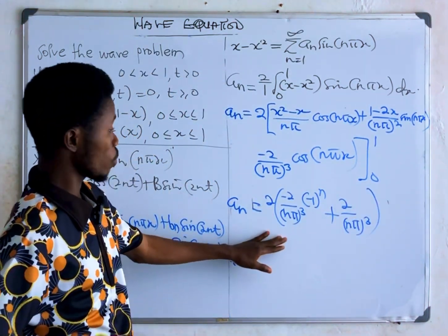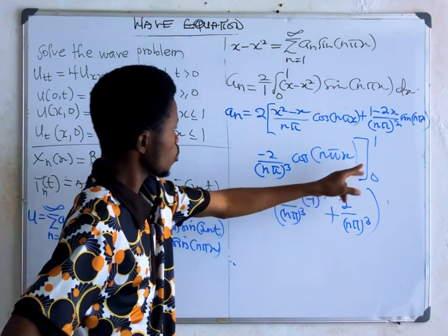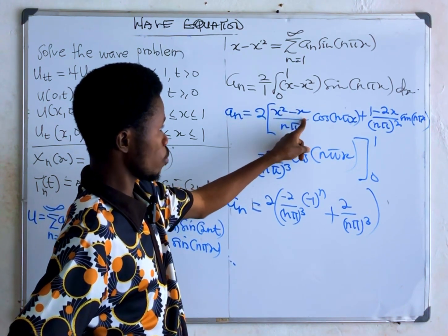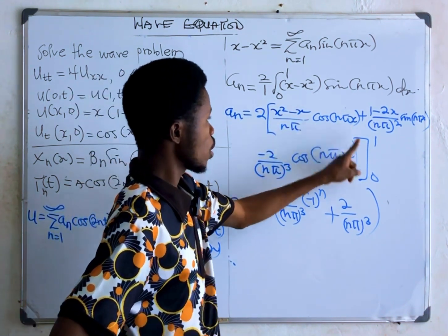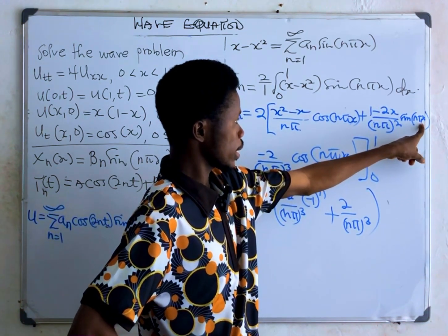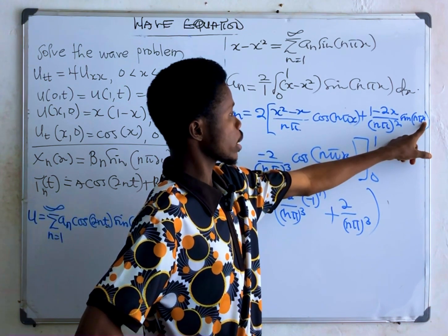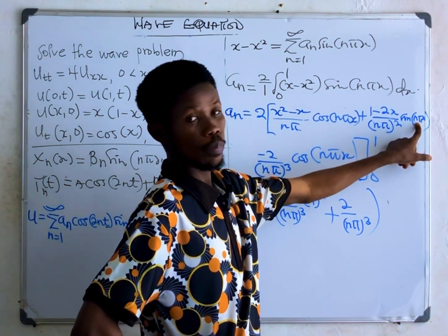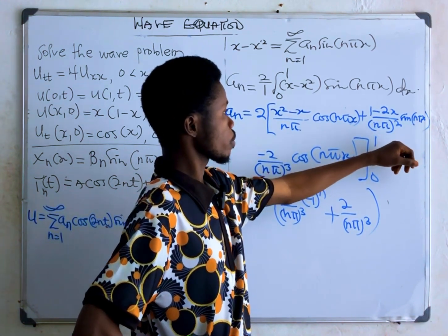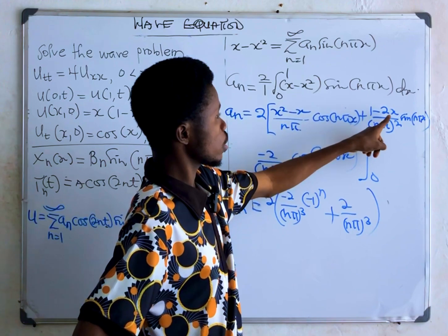So you should take note of this. If you put 1 here, 1 minus 1 will be 0. That makes everything go to 0. If you also bring 1 here, sine n pi, this is n pi x, so n pi x is n pi. So that will be sine n pi. Sine n pi, you have established that it is 0.